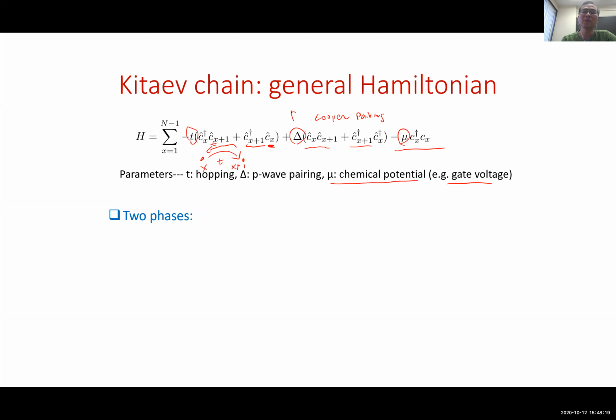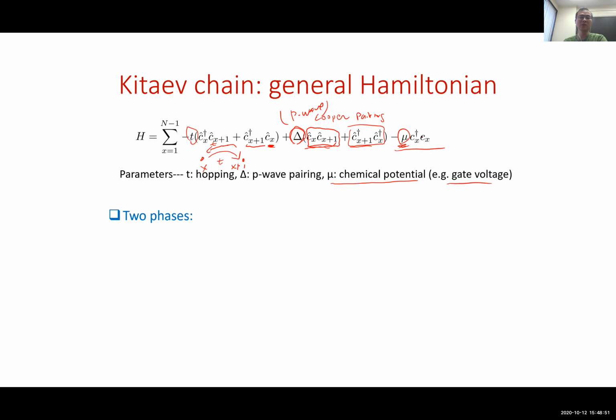And here is the so-called pairing, Cooper pairing. But this is p-wave. Okay, this subtlety, if you don't get this, is fine. The pairing is in the sense that you pair two fermions. So you either remove two fermions or create two fermions, and that pairing strength is delta. Okay, but these are parameters that could probably be tuned experimentally, especially the mu parameter here.